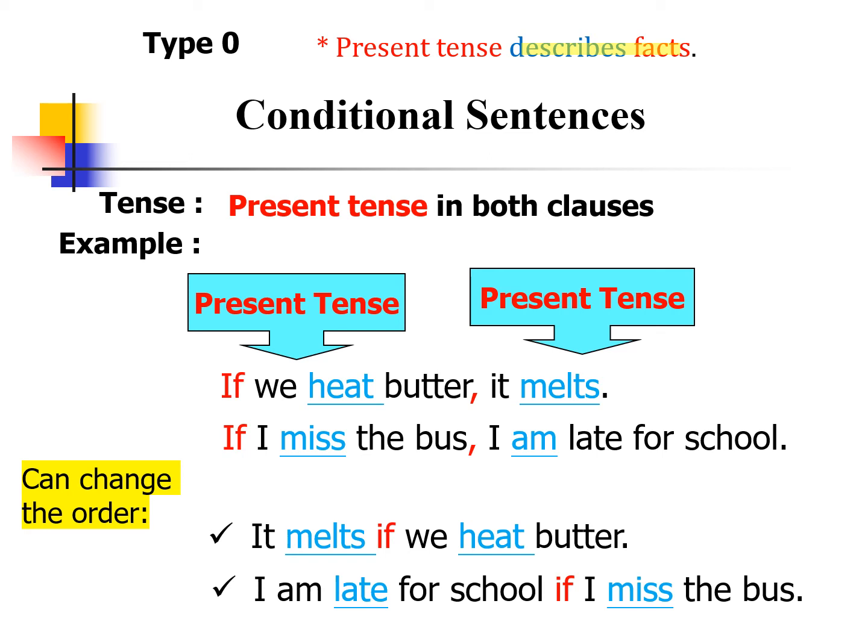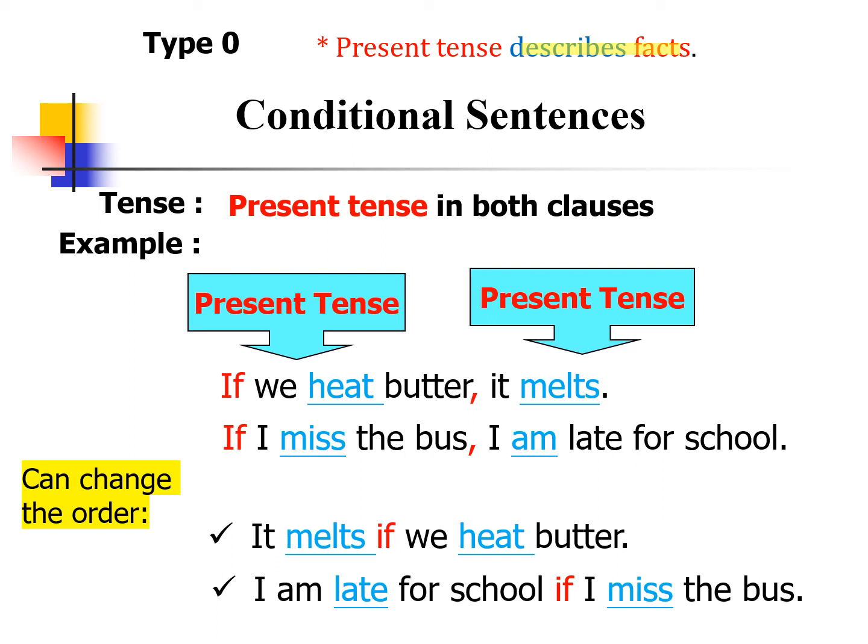You are describing a fact, then we need to use type 0. So for type 0, the if clause uses present tense, and then the main clause. If I miss the bus, this is the condition. What about the result? The result is I am late for school. So this is the result.